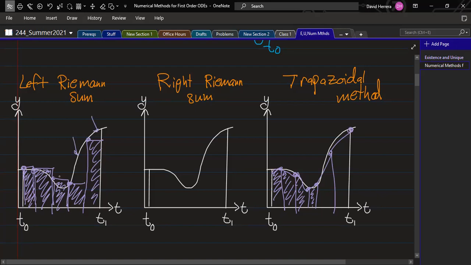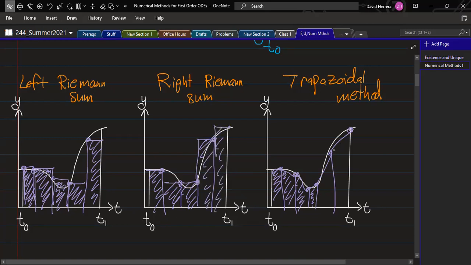So these ones are missing area, and this one has too much area. And if you do the same thing over here, but with the right Riemann sum, this one's basically good. This one you're losing area. This one you got too much. This one's too much.